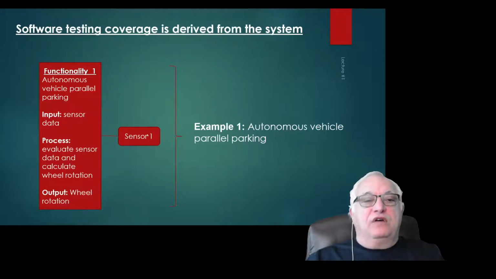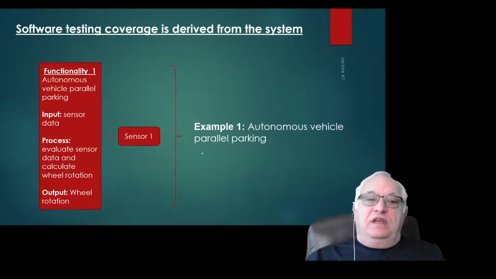The sensor gives the software all kinds of information associated with the vehicles around you and obstacles and whatnot. Then the software evaluates the data it's getting, and based on the data it's going to send rotary wheel commands to probably some kind of actuator that will actuate the wheels.